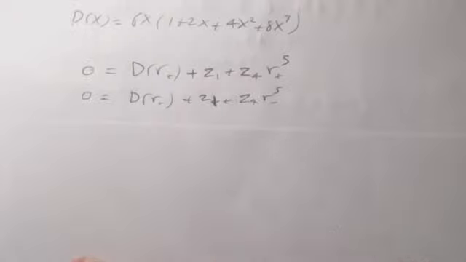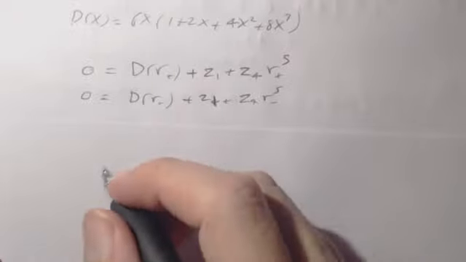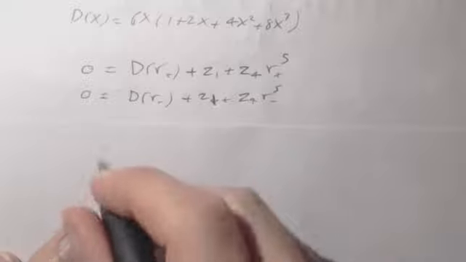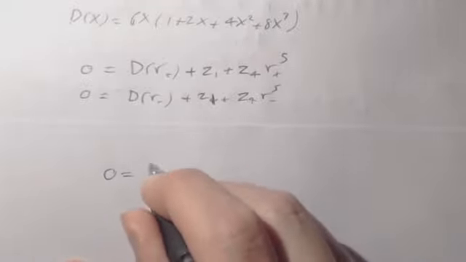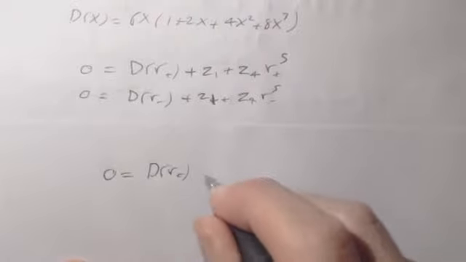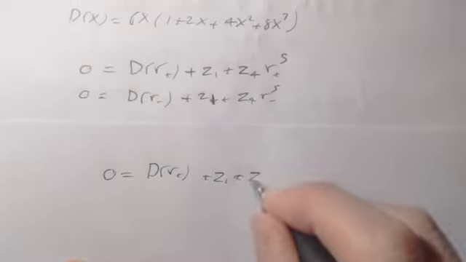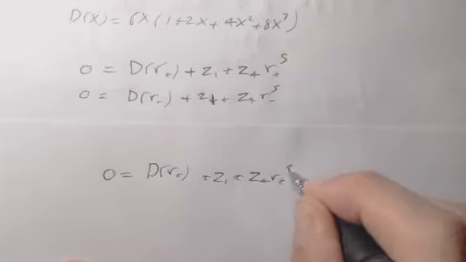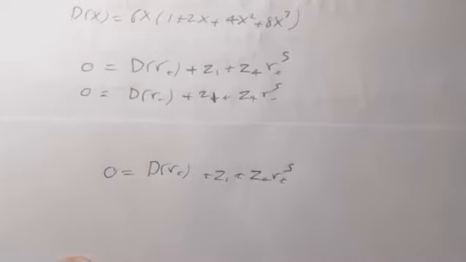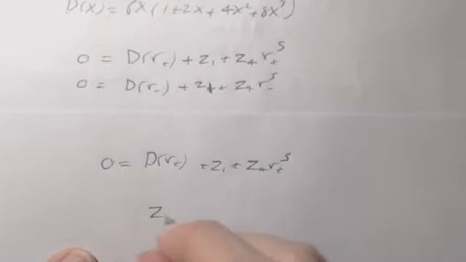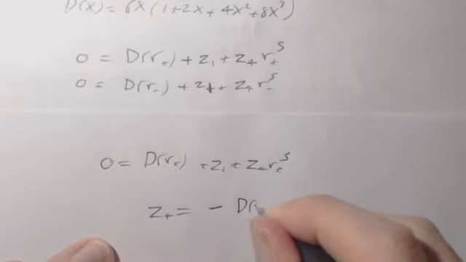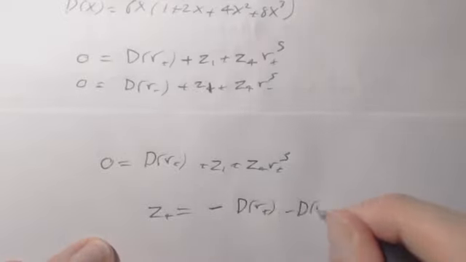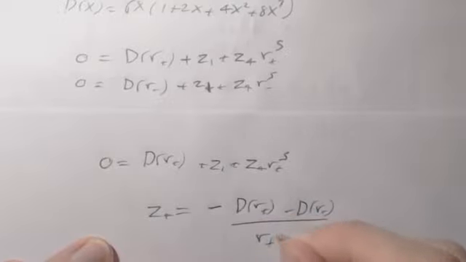You know, we had these two equations here, so we could take the first one, so 0 equals d r plus z1 plus z4 r plus to the 5, and we remember that z4 was minus d r plus minus d r minus over r plus to the 5 minus r minus to the 5.